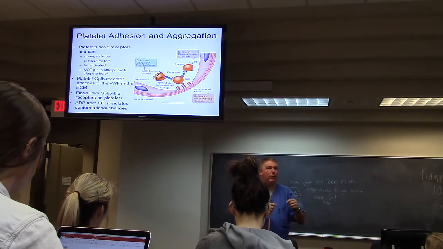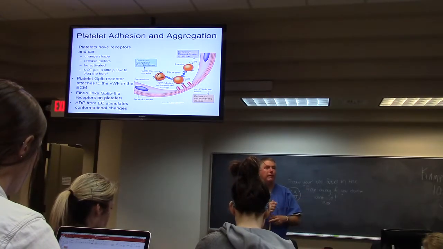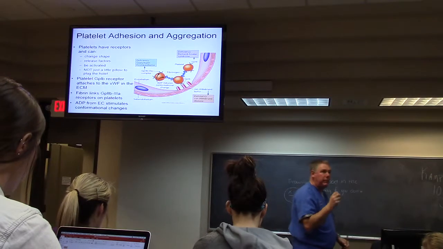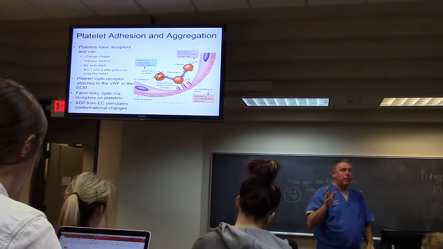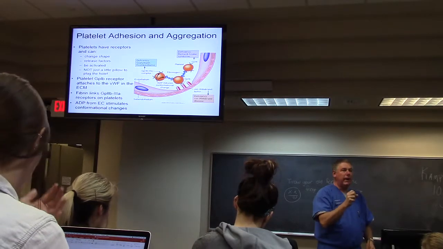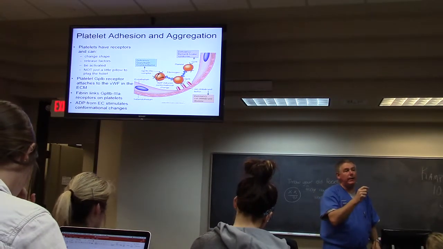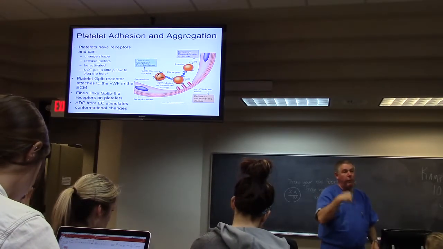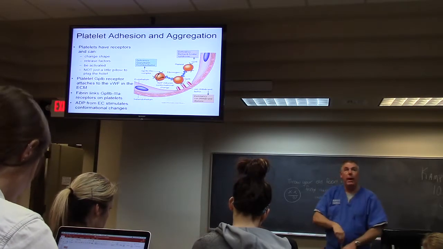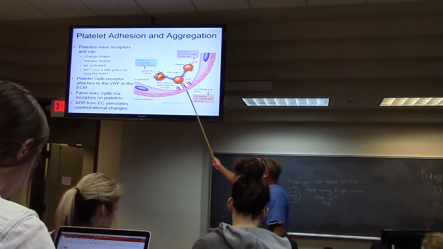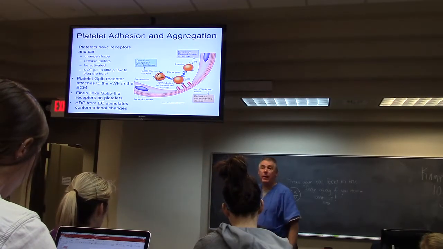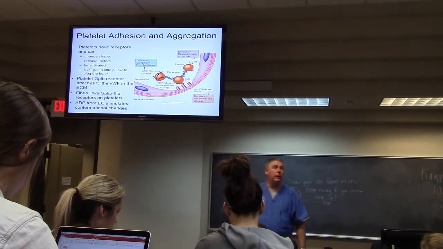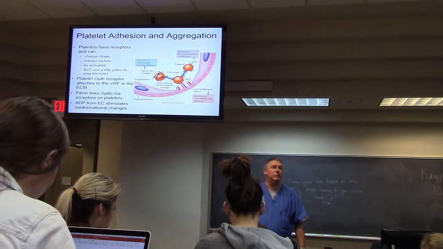I'll talk about it later on, but it's produced by the liver. This protein is ubiquitous throughout the body. Platelets have receptors. The platelet is actually an agonist for this protein and sticks to it, as you see here, through the GP1B receptor. That's glycoprotein 1B receptor.